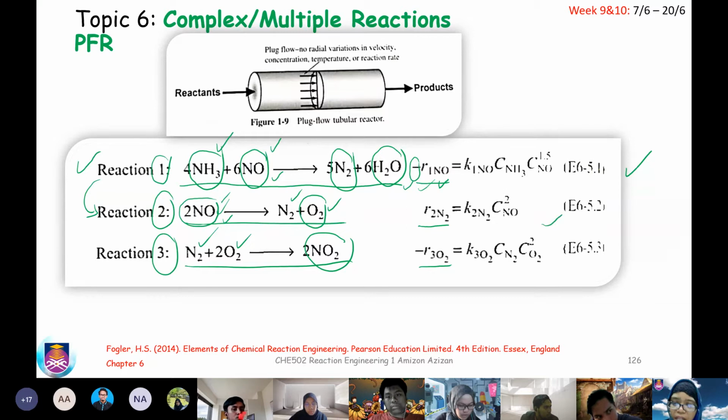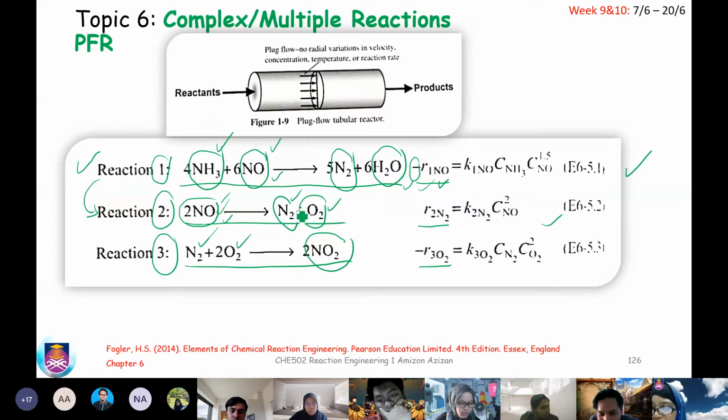For the second one, what would be the key reactant? Remember, try to relate reaction number 2 to reaction number 3. It's nitrogen.